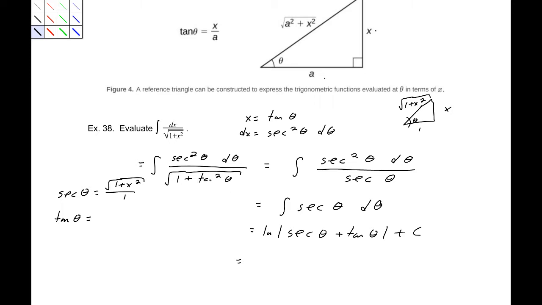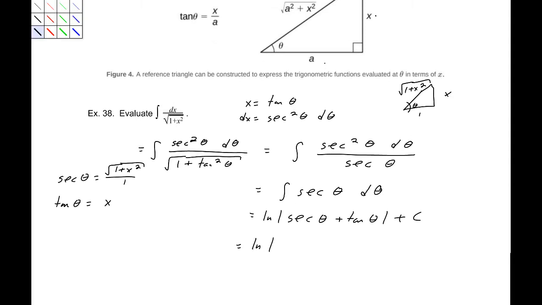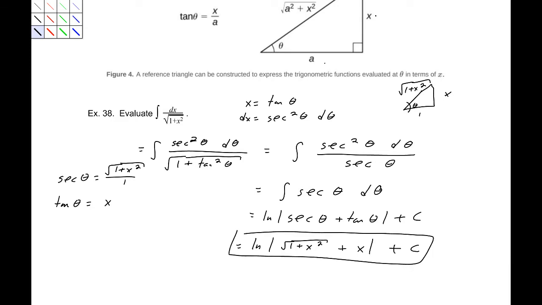So that was x. Well, we actually made the substitution earlier. X is tan theta. So this is the natural log of the absolute value of the square root of 1 plus x squared plus x, plus c. And there we have it.